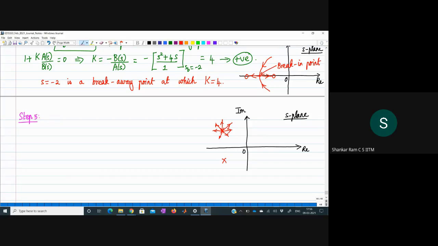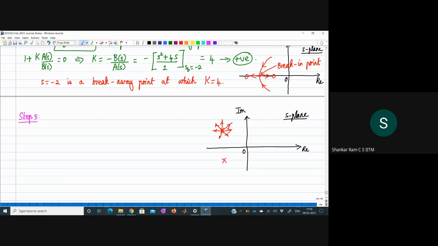So this is what is called angle of departure. I hope it is clear why it is called angle of departure from a complex open loop pole. That is, we are trying to ask what is the angle at which a branch of the root locus will start from an open loop pole.